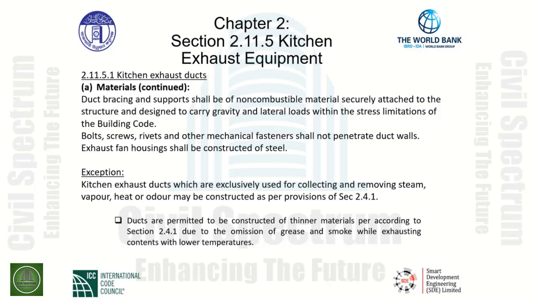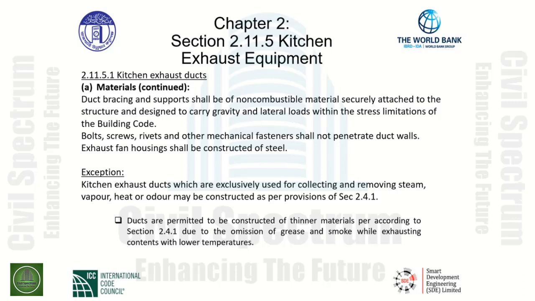This is important because this requirement allows the designer to properly design the load carrying capability of all supports for the duct based upon the application, and also it must carry the lateral loads within the stress limitations of the building code. Bolts, screws, rivets, and other mechanical fasteners cannot penetrate the duct walls. Exhaust fan housing shall be constructed of steel.